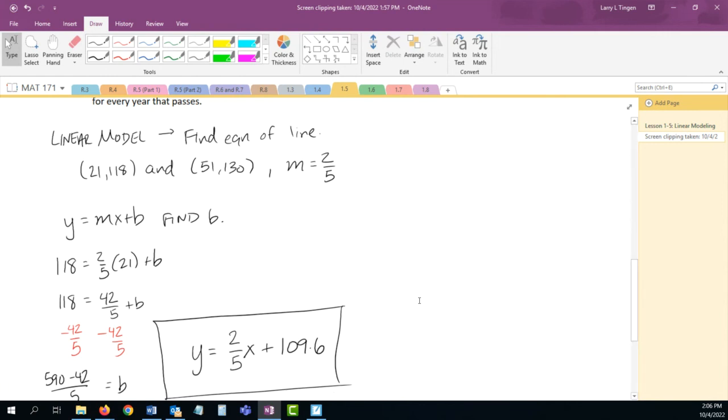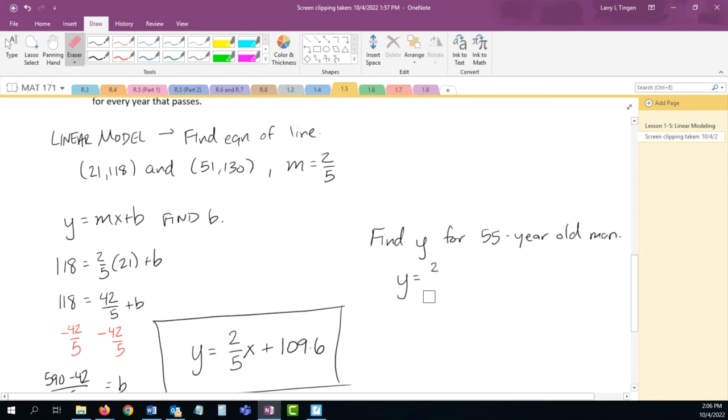All right, so there's my linear model using the 2 points they gave me. I found the slope, I've got this, and then they've asked us to find y for a 55-year-old man. Okay, well that means what?